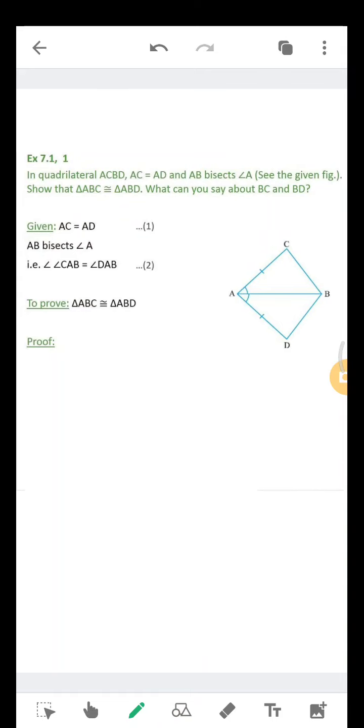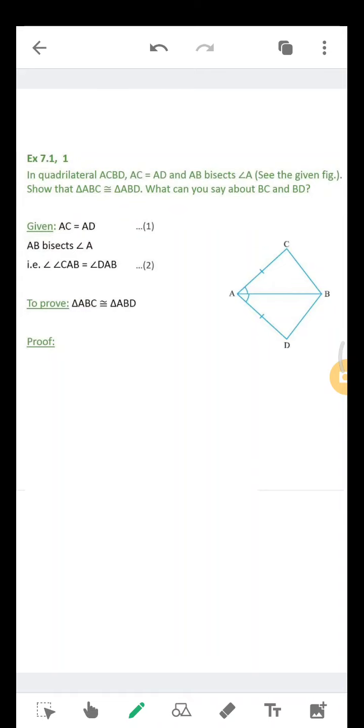In quadrilateral ACBD, a few parts will be equal. Already they will be given in the question, and for a few parts we can use the rules which we have studied in lines and angles, like vertically opposite angles, alternate angles, corresponding angles. We can use all those rules for proving these theorems or questions.